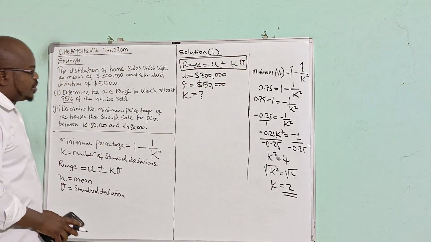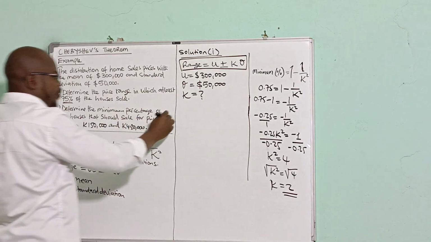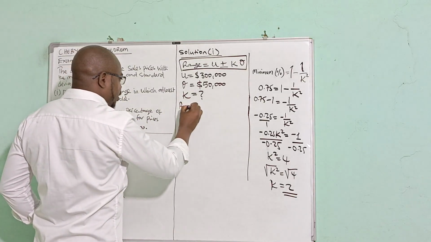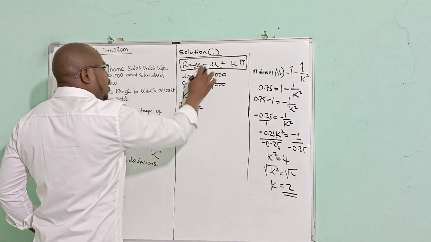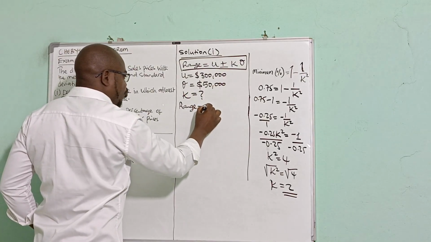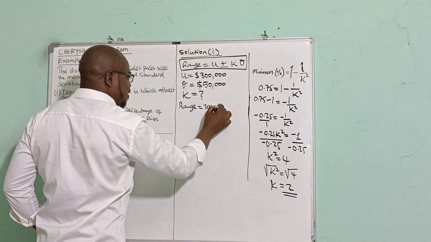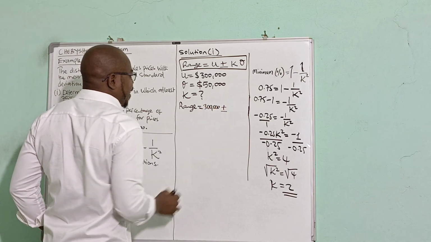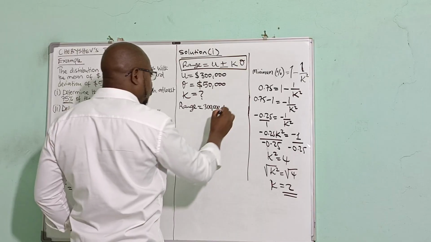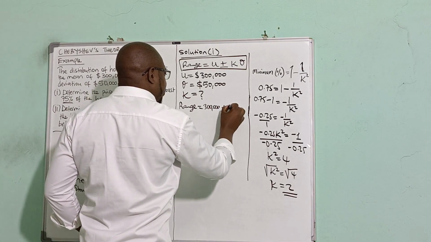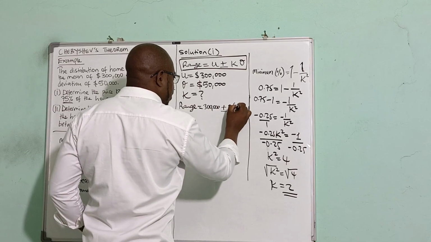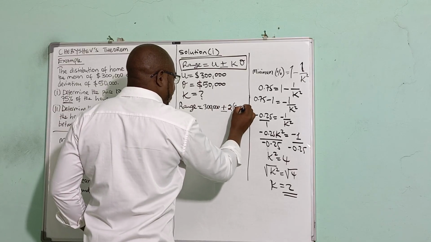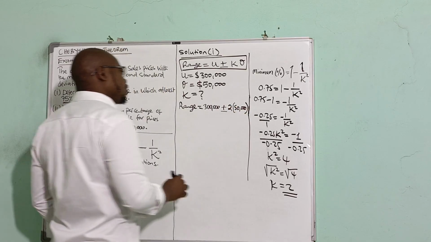Now we can apply the formula to get the range. Range is equal to the mean, $300,000, plus or minus k, the number of standard deviations, multiplied by 50,000.